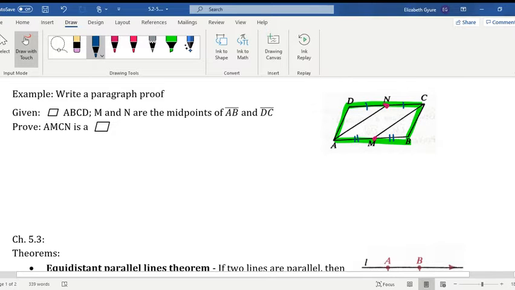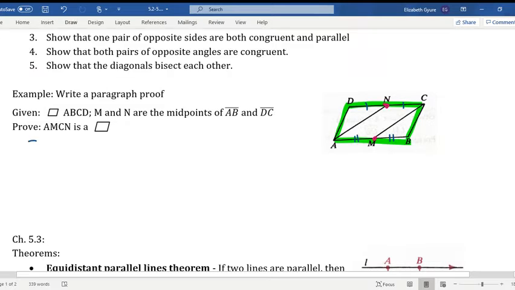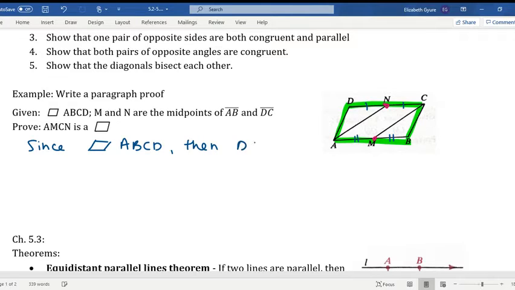Then if they're congruent, they're equal and all that. You can kind of skip that in your paragraph proofs. We can go right to saying, since you have parallelogram ABCD, then the measure of DC is equal to the measure of BA. I don't have to say they're congruent. I can go right to measure since we're doing key steps. Okay, so I know that.